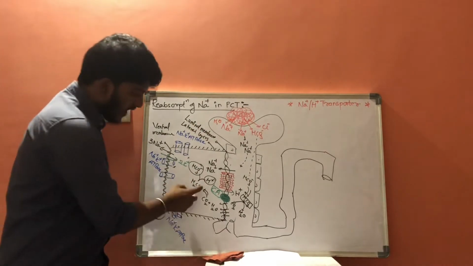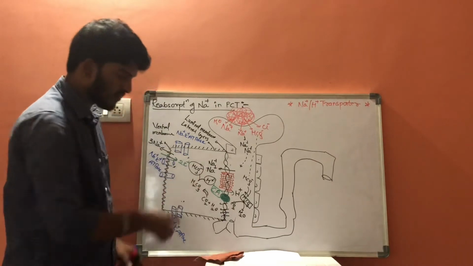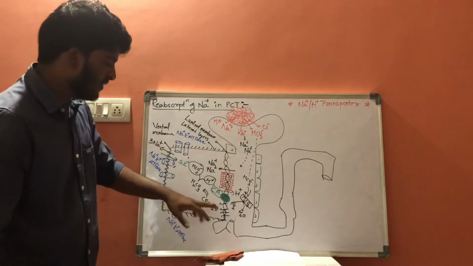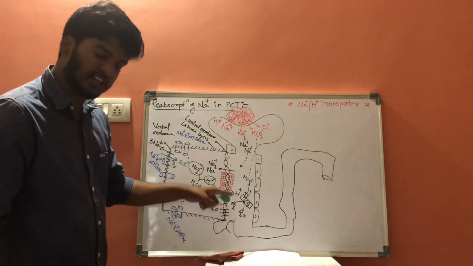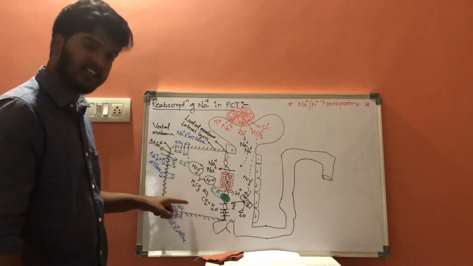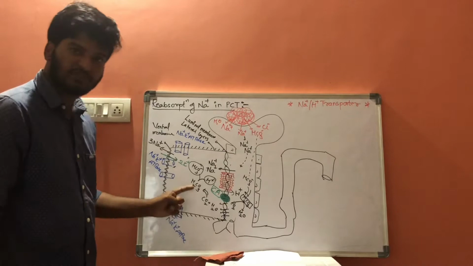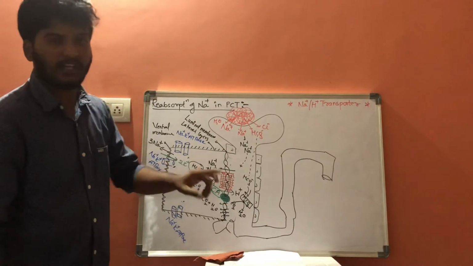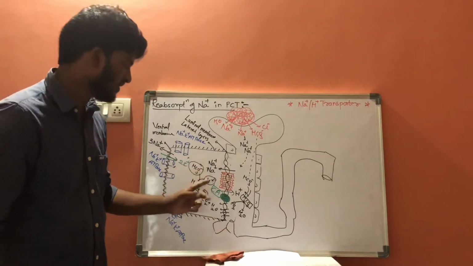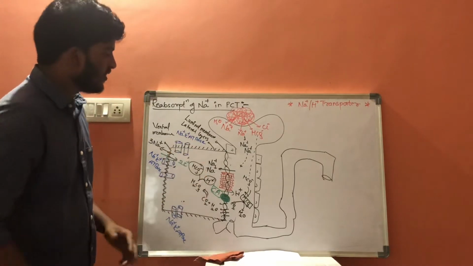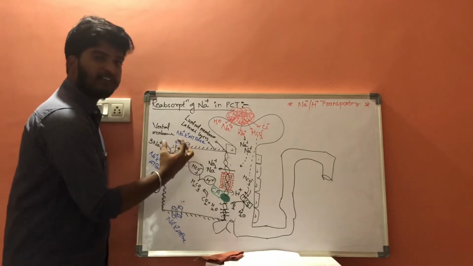This carbonic anhydrase takes up carbon dioxide and water into the cells, they combine to form H2CO3, and again it is cleaved into H plus and HCO3 minus. So these H plus will be accumulated within the cell.